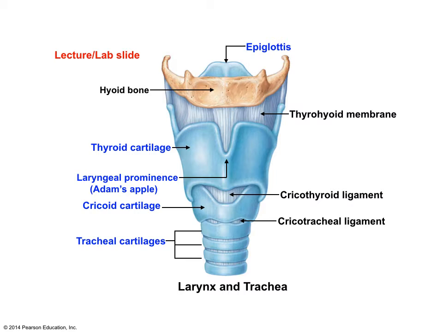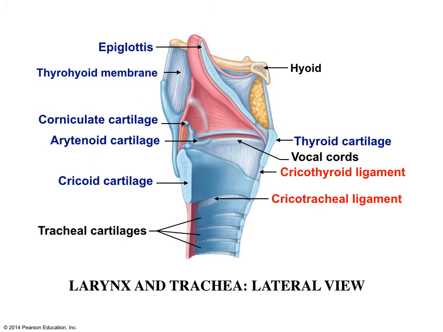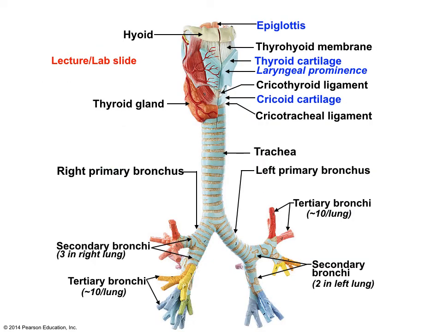Between these cartilages and the first tracheal cartilage are CTP membranes or ligaments: thyrohyoid, cricothyroid, and cricotracheal from superior to inferior. The two smaller paired cartilages are visible in this slide. Those would be the corniculates and the arytenoids.